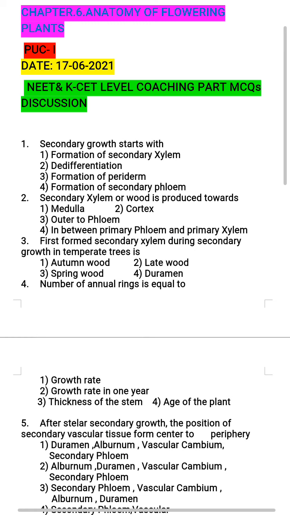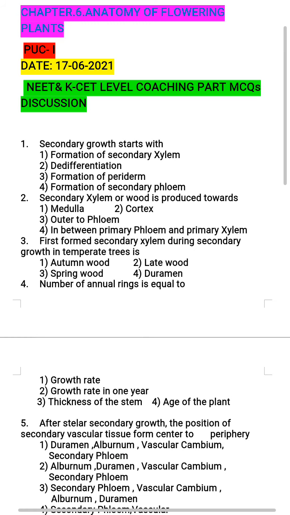The cells cut off towards the pith mature into secondary xylem, and the cells cut off towards the periphery mature into secondary phloem.